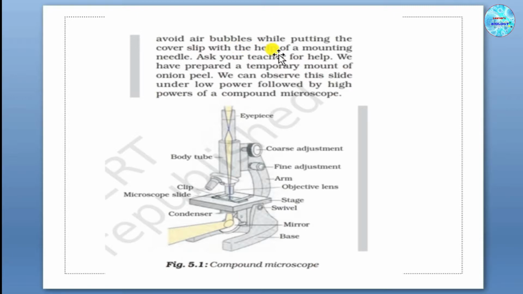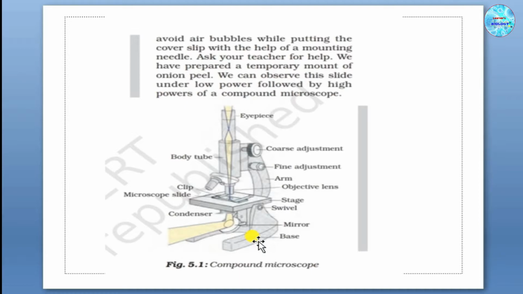For this we take the help of a mounting needle, which helps to avoid air bubbles and put the cover slip properly. In this way, we can prepare a temporary mount of the onion peel, and then we can observe this slide under low power of a compound microscope.